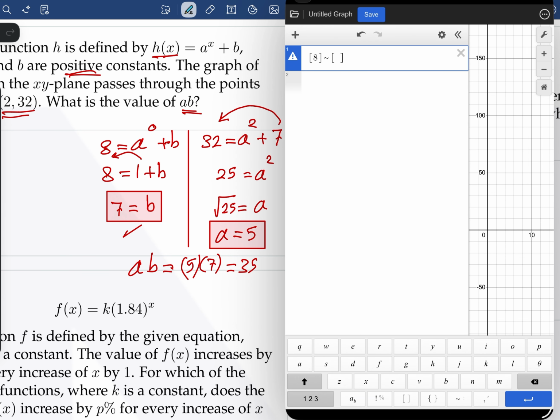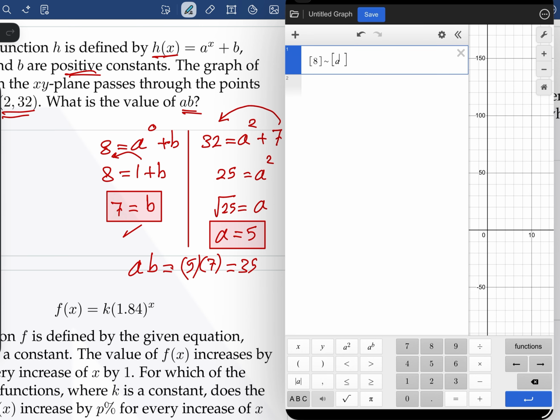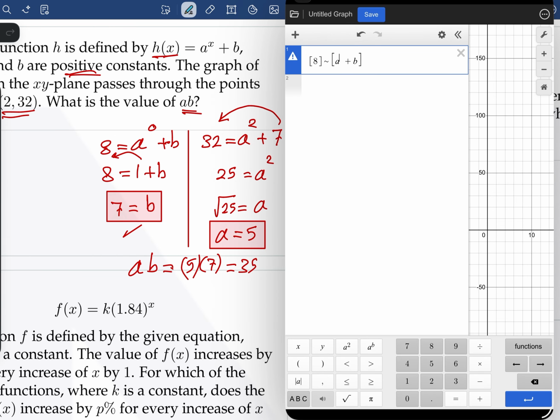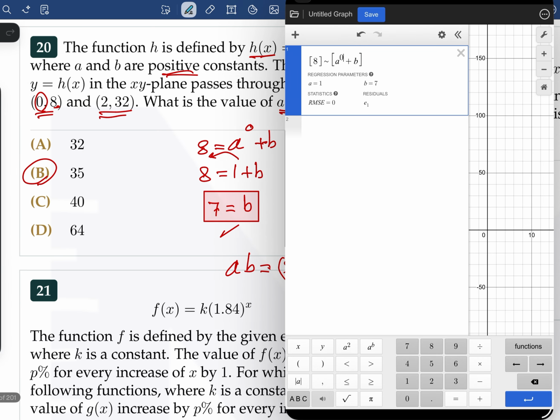A to the power of x, but we write x1. Always in the list we need to write x1 and y1 if we have something like this. Plus b, just write b. Okay, and then a comma. Sorry, instead of x1 we need to replace it by 0, because we have the point 0 and 8.